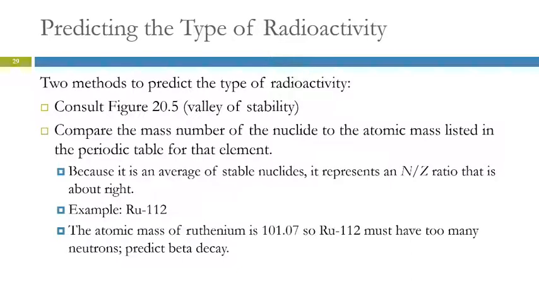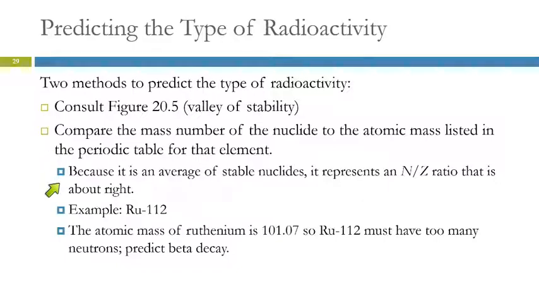So there are two methods we can use to predict. One is we can consult figure 20.5. It's 21.5 now, but we can look at that graph, the valley of stability. That's great if you happen to have that graph available. We can also compare the mass number of the nuclide to the atomic mass listed in the periodic table for that element.